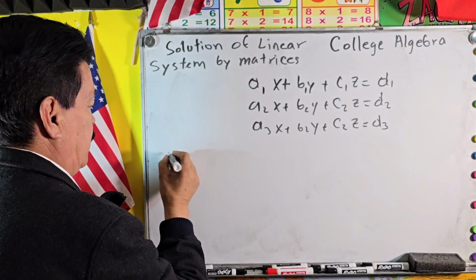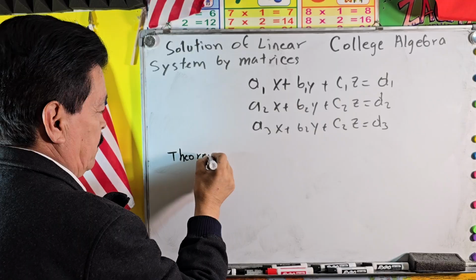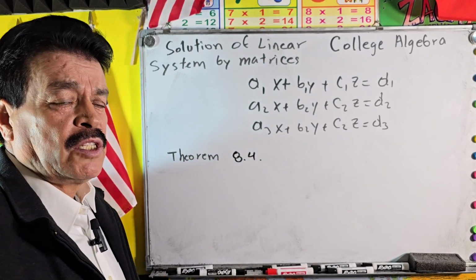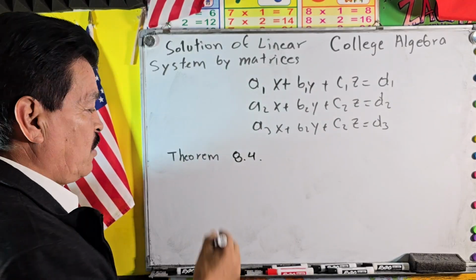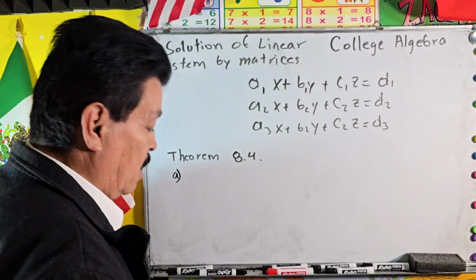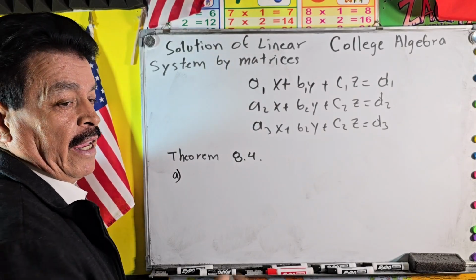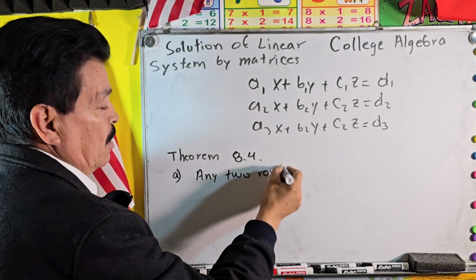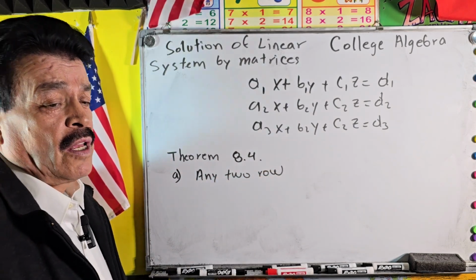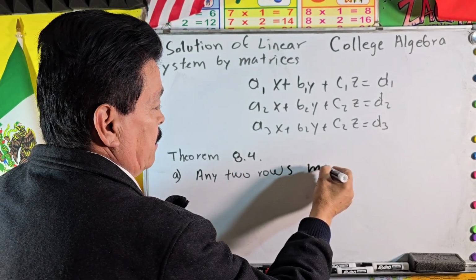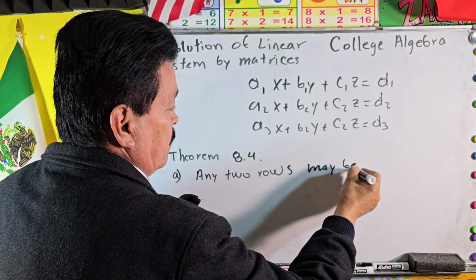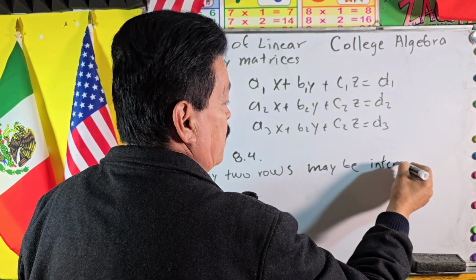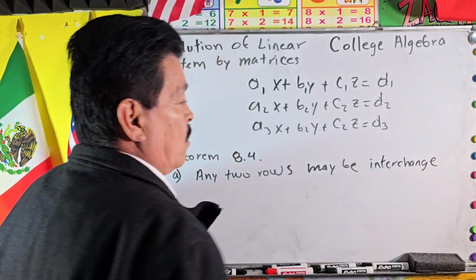Theorem 8.4. We have this theorem with three main ideas. The first one that we have to remember: any two rows may be interchanged.